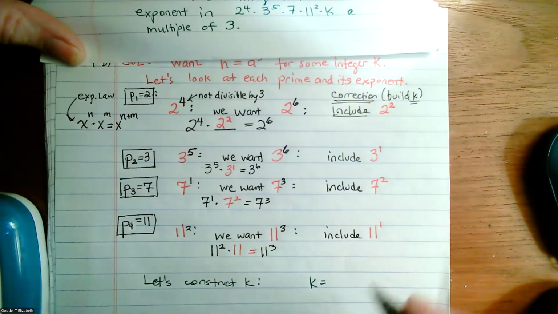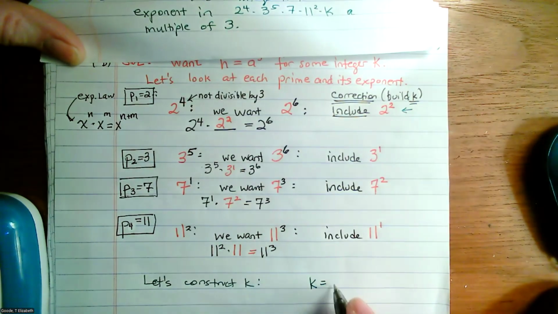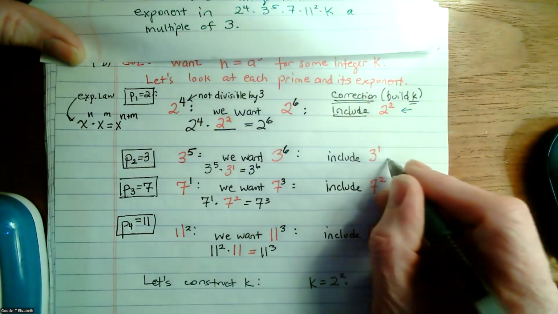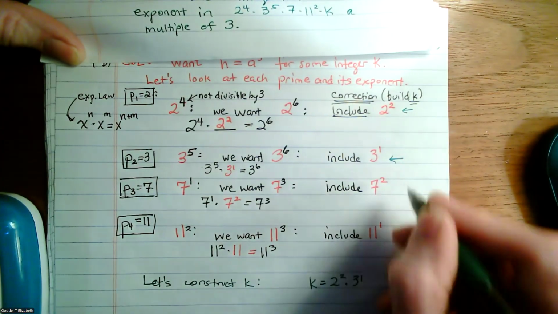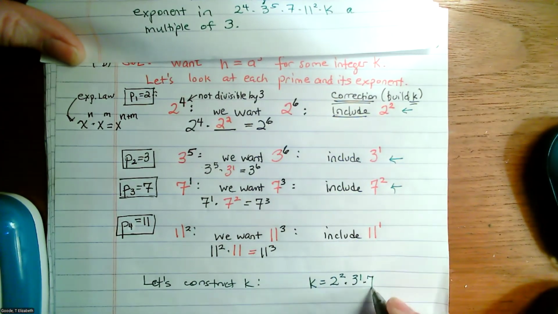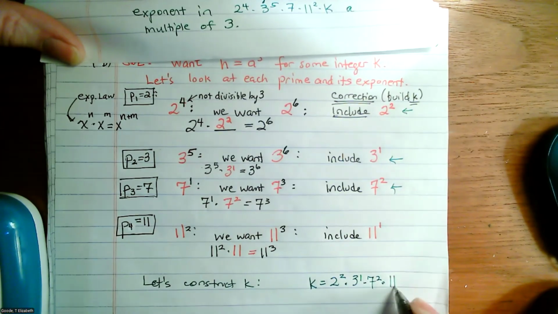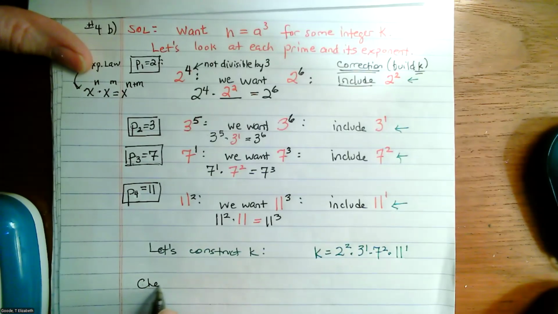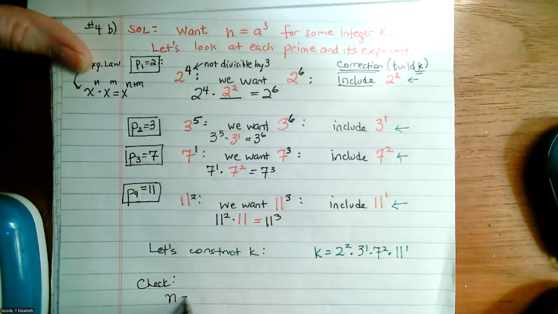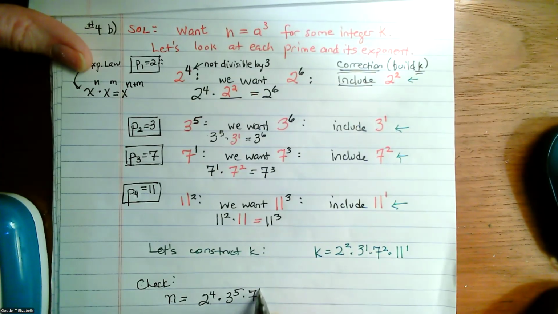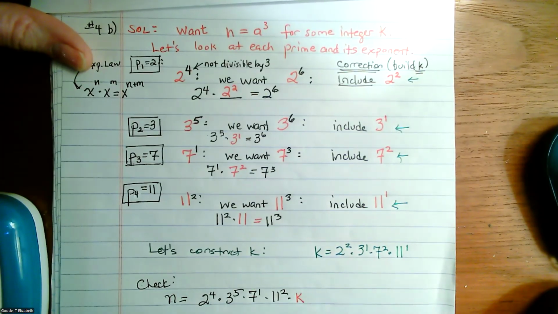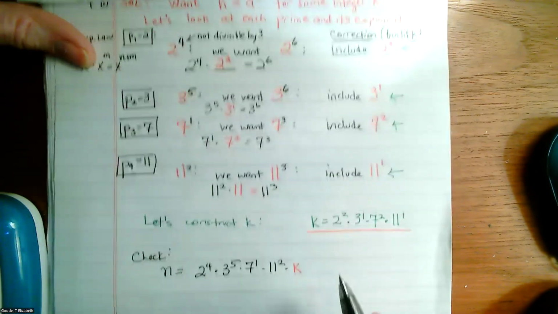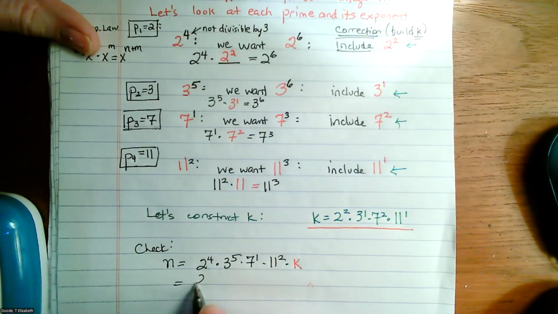So k is going to equal 2 squared times 3 to the 1 times 7 squared times 11 to the 1. And now let's check it. So our n is 2 to the 4th times 3 to the 5th times 7 to the 1 times 11 squared times k. But our k is this. So let's put it in there and see if it really worked out.